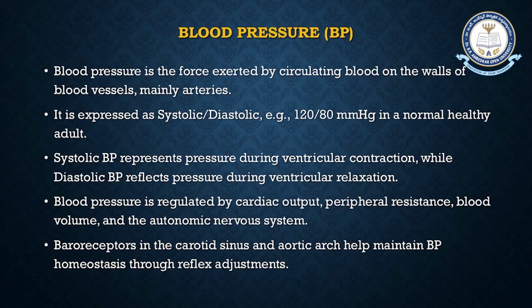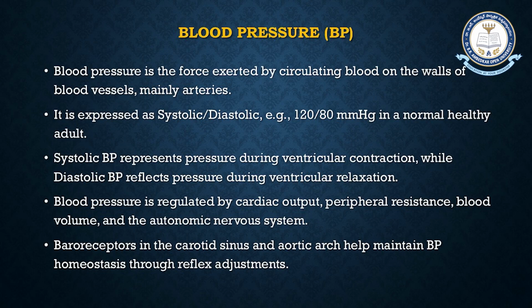Systolic blood pressure represents pressure during ventricular contraction, while diastolic blood pressure reflects pressure during ventricular relaxation. Blood pressure is regulated by cardiac output, peripheral resistance, blood volume, and the autonomic nervous system. Baroreceptors in the carotid artery and the aortic arch help maintain blood pressure homeostasis through reflex adjustments.